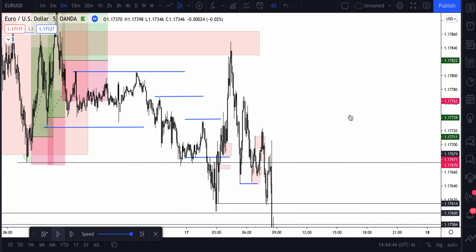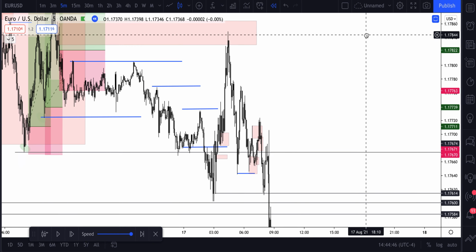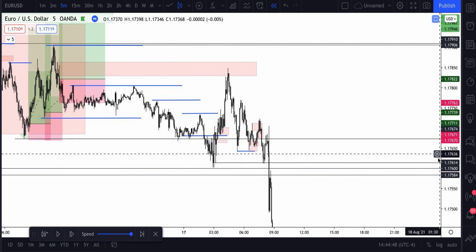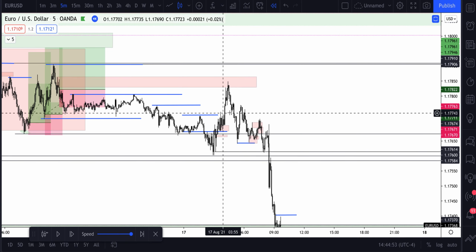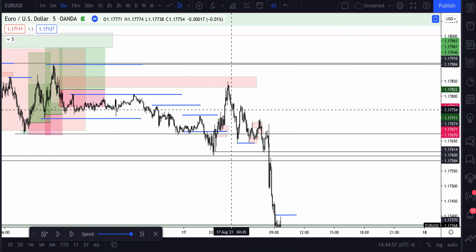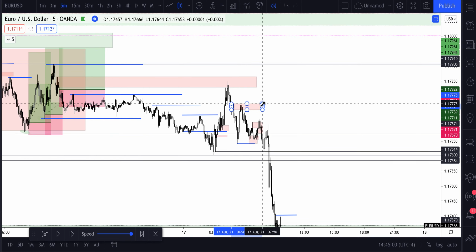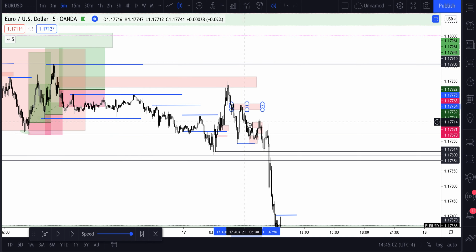And then from then on, it was a seller's market, right? Reacted off of this zone, reacted off of this zone.